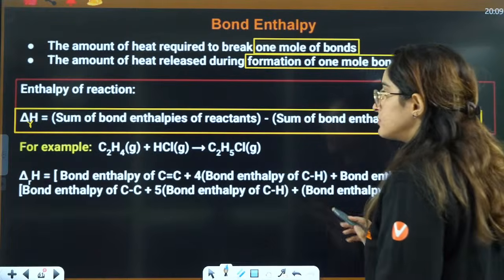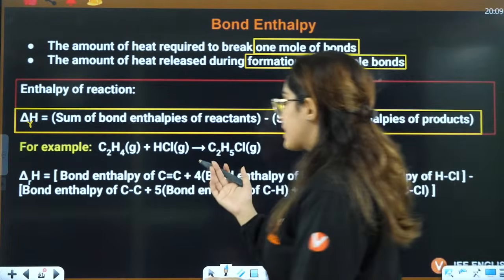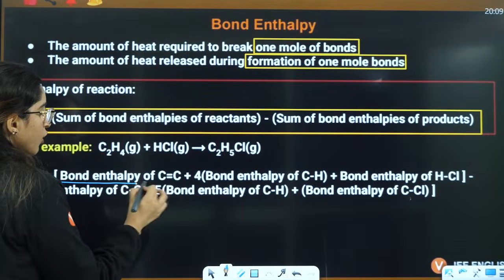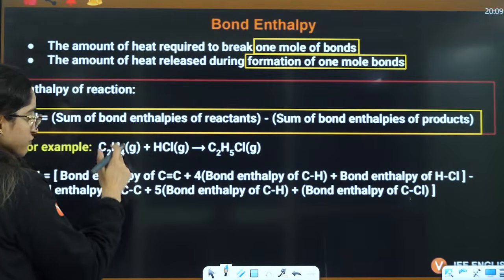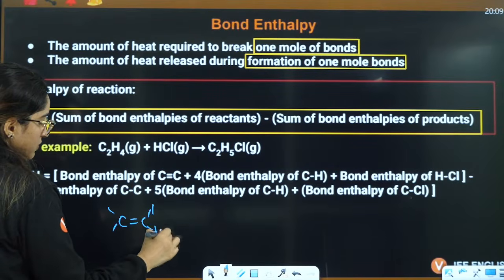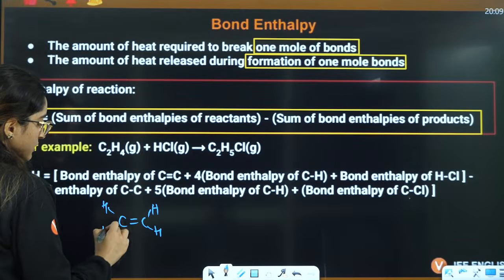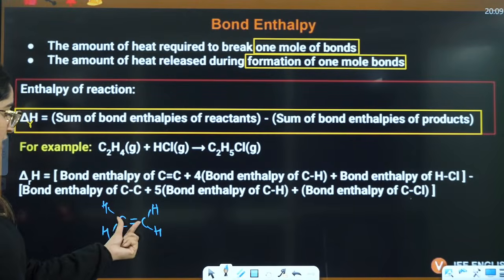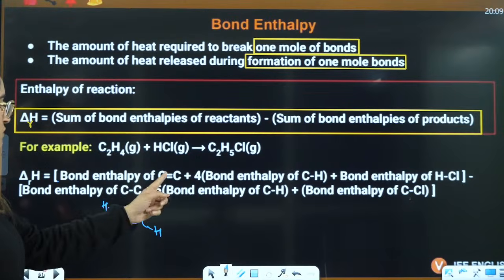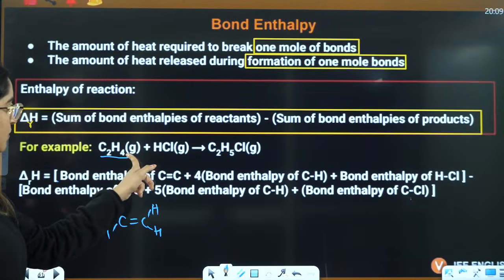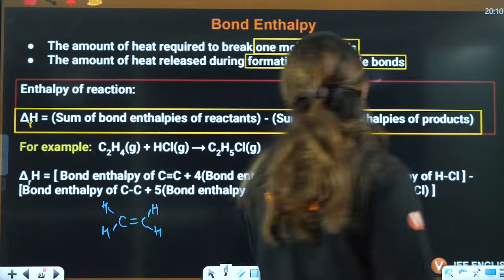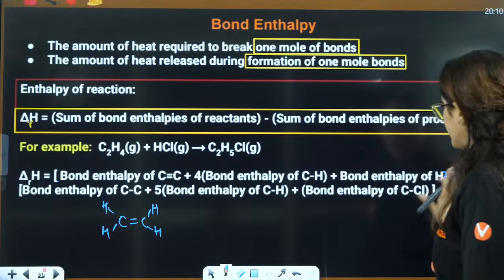Okay. So for example, this is given, what is delta H of reaction? That is the bond enthalpy of C2H4, which is this. That means the bond enthalpy of C double bond C, 4 times CH, then the bond enthalpy of HCl, this bond.